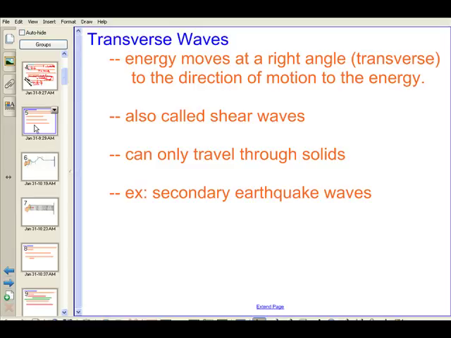Our example is secondary earthquake waves, which can only go through a solid. They cannot go through a liquid or a gas, because they need something to return the energy. They push on, and Newton's third law says it's going to push back. Liquids and gases cannot push back because they don't have a definite shape, so they're not going to compress and shear like that.